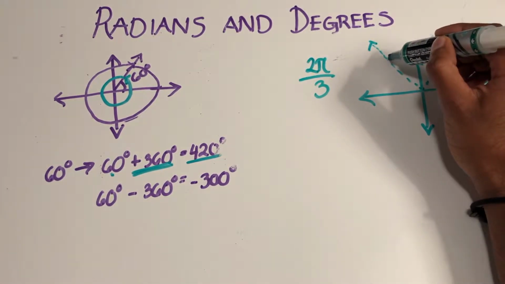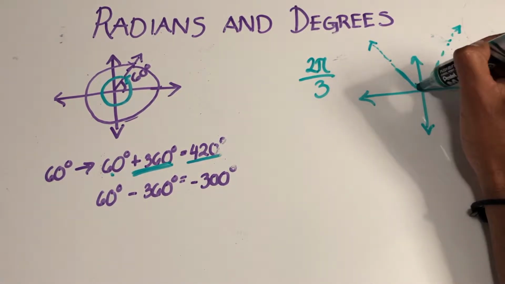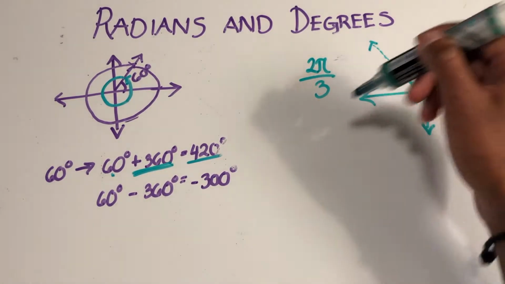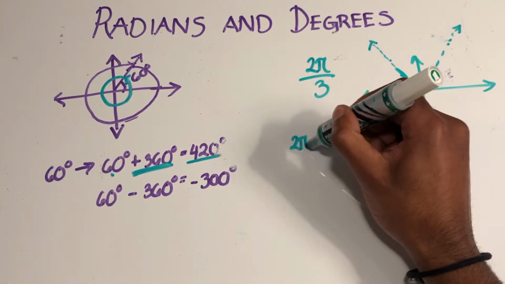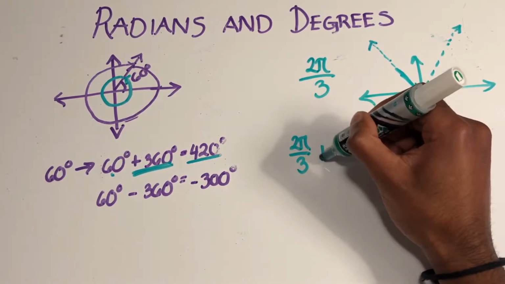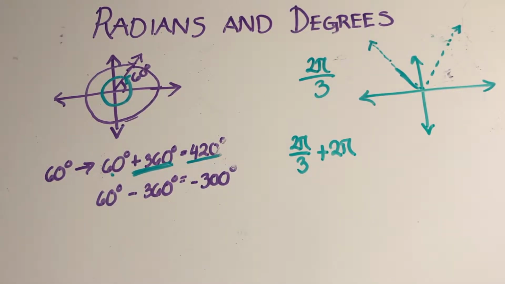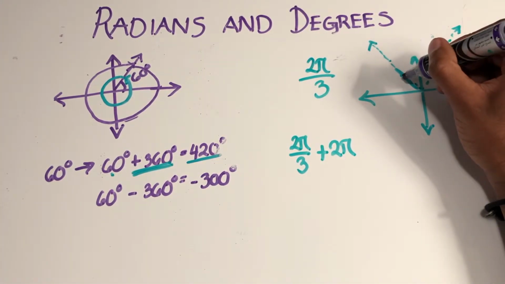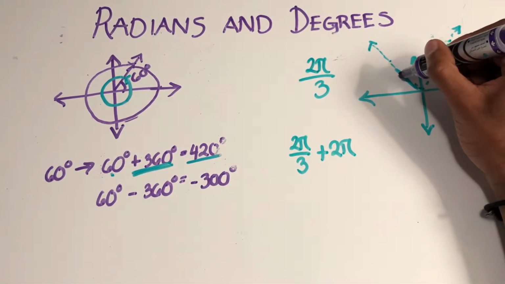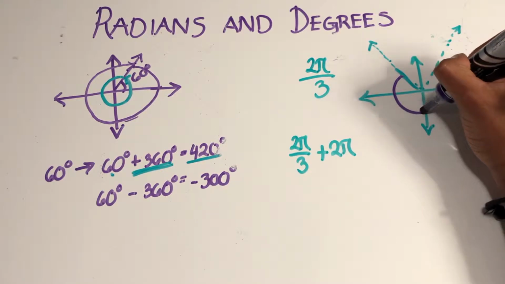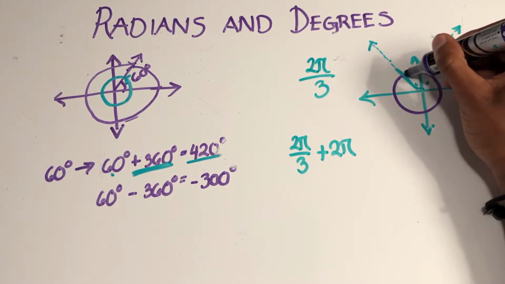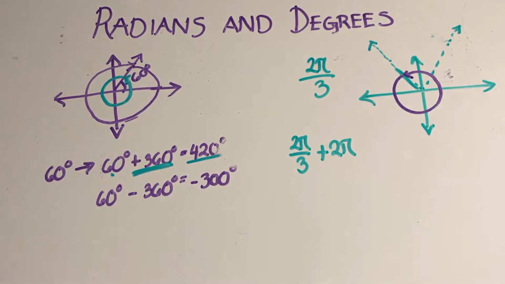So if 2 pi over 3 is somewhere here, and we added 360 degrees, or 2 pi in this case, we're going to end up going counterclockwise again, back to the same position we started with.